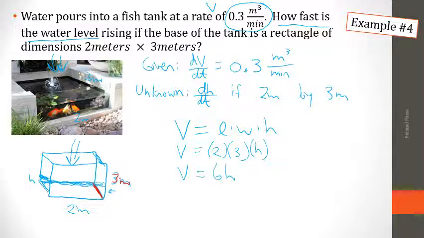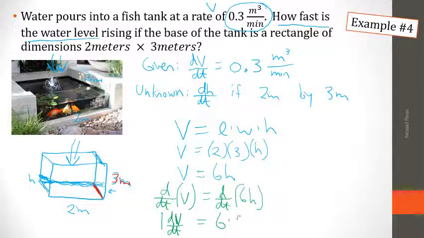So now we have our given, our unknown, our relationship, our pictures. So now we need to find the derivative. So the derivative with respect to time on the left and the derivative with respect to time on the right. So we get 1 dV/dt equals 6, because the derivative of 6h is 6 dh/dt.